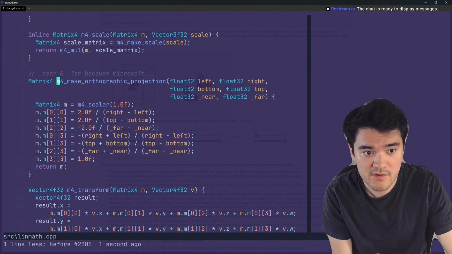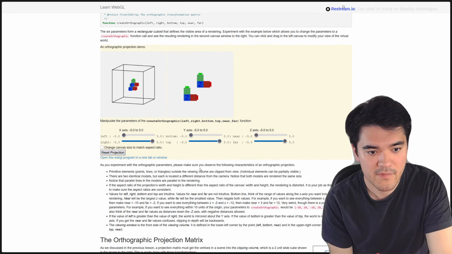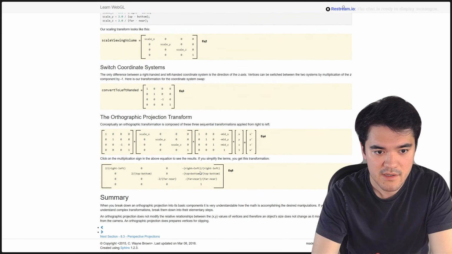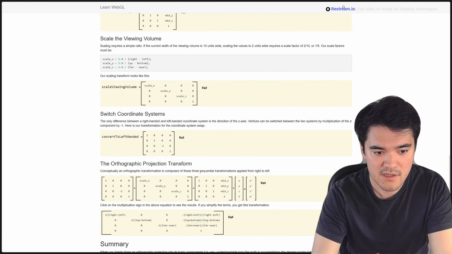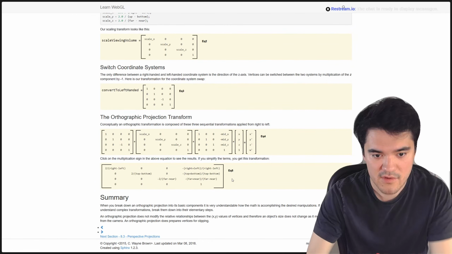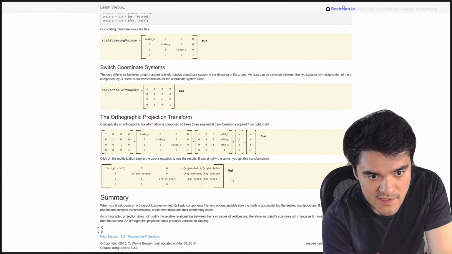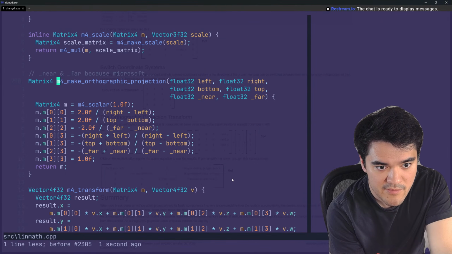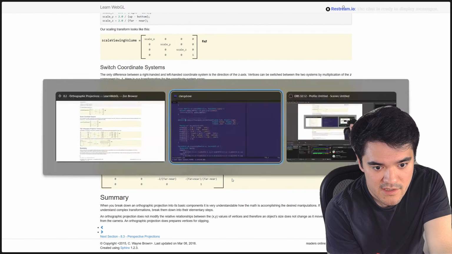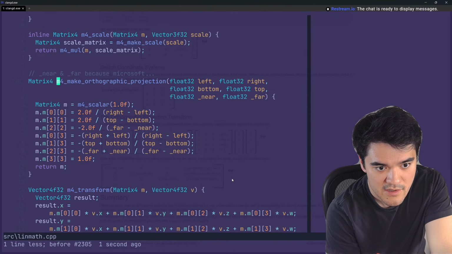So 0, 0, we want the midpoint of... Oh, okay. Look, there it is. Cool. So 2 over right minus left, yes. 2 over top minus bottom, yes. Negative 2 over far minus near. Okay.